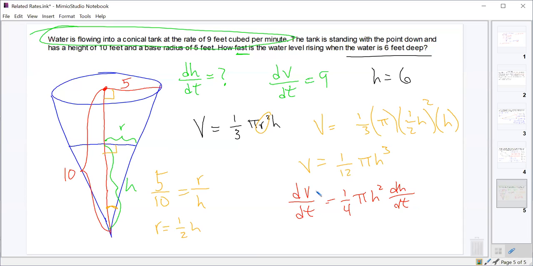Now we'll plug everything in. dV/dt was 9, so 9 equals 1/4 pi times the h value we're interested in, which is 6 squared, which is 36, times dh/dt. We're looking for dh/dt. If I multiply by 4, that's 36 over here, so I'm going to divide by 36. That leaves me with 1 equals pi dh/dt, or dh/dt equals 1 over pi, and it's increasing in feet per minute.